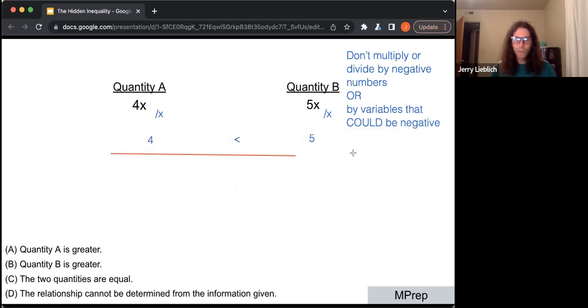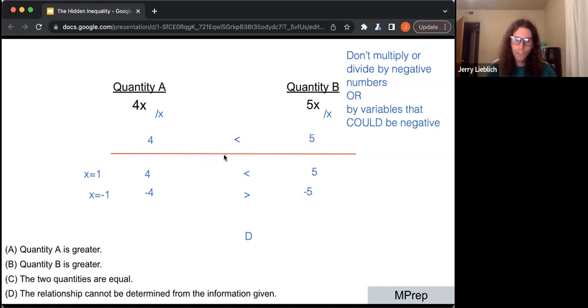But I know that's not correct, because I could plug in x equals 1 or x equals -1. So my actual answer here is D. And when I divided by x, I messed that up.